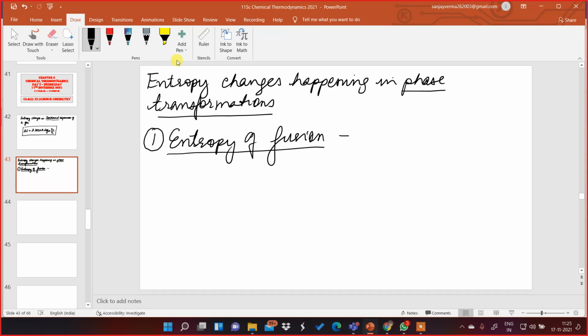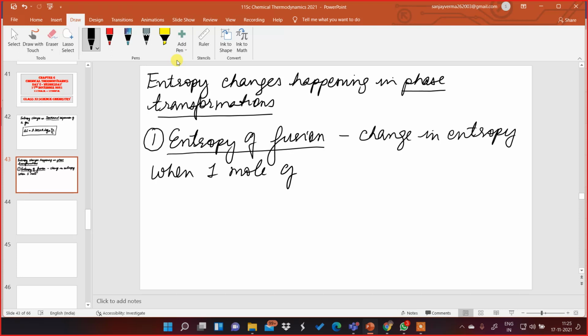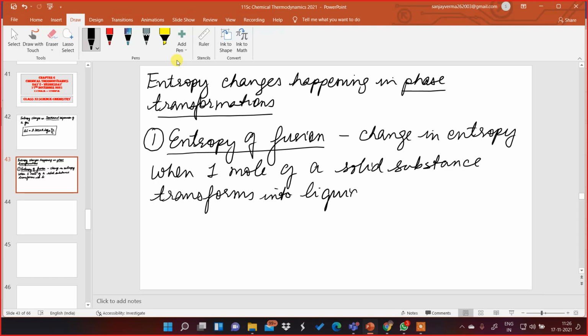It means change in entropy when 1 mole of a solid substance transforms into liquid form.